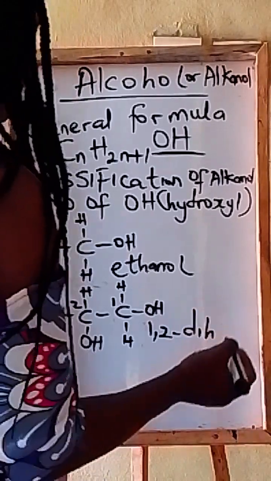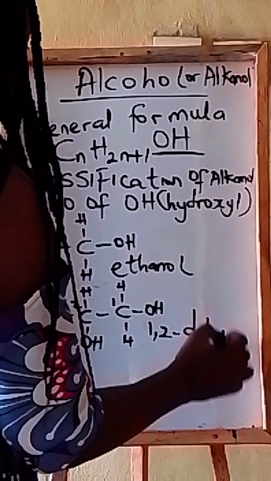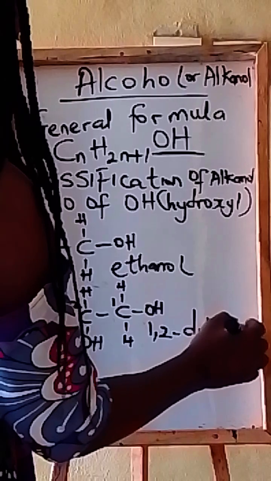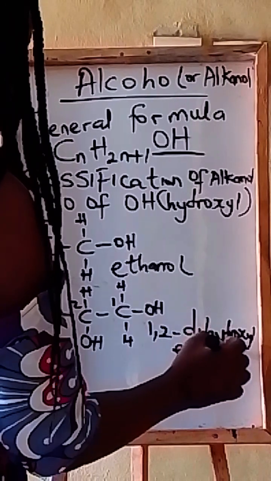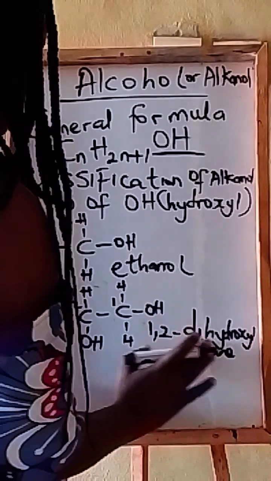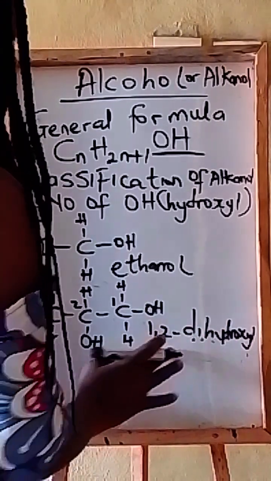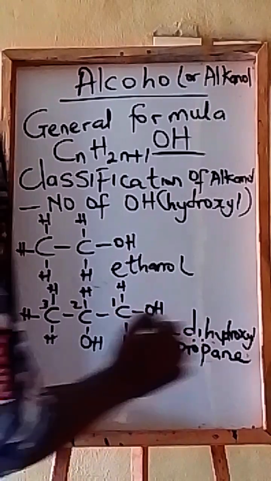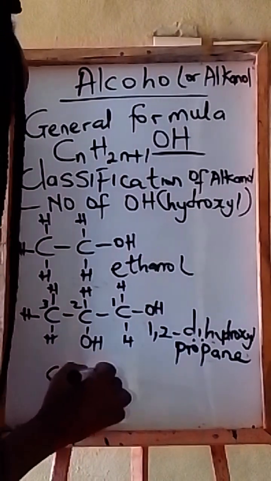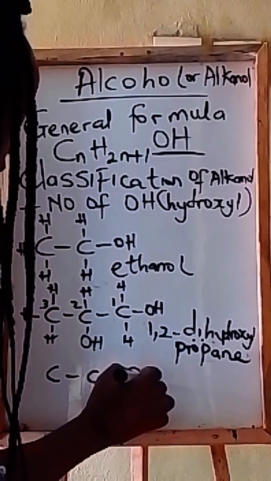So this is 1,2-dihydroxy, depending on how you want to name it. Dihydroxy ethane, or propane. You name it according to 1, 2, 3.